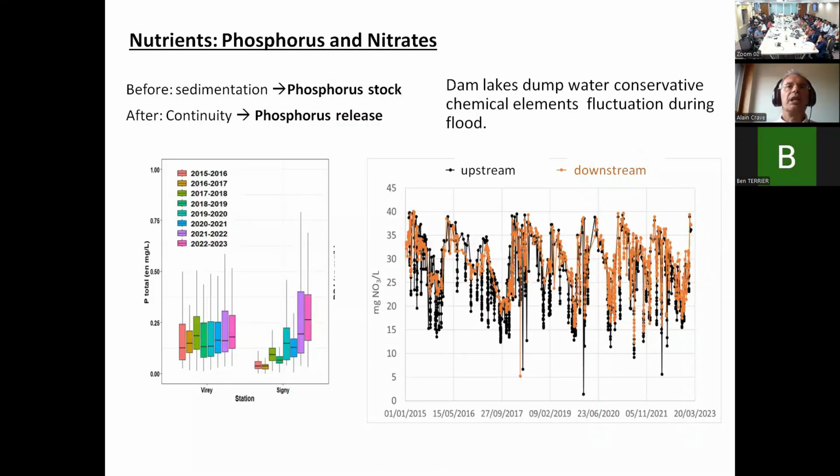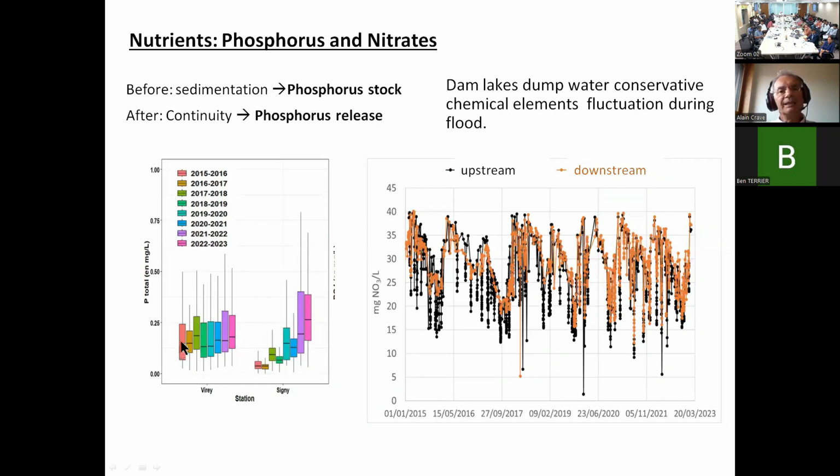Here, I just would like to show you some dissolved abiotic parameters. The ones which are quite important for the ecology are the nutrients, phosphorus and nitrate. Here on the left, you have the average concentration of total phosphorus for different years. Here it's upstream, and here it is downstream.